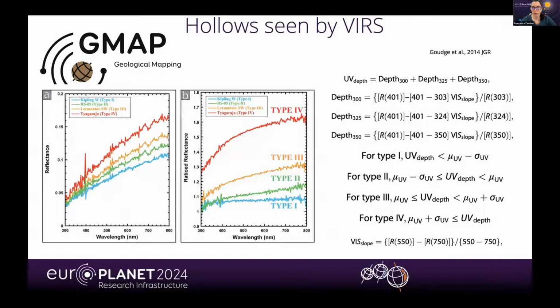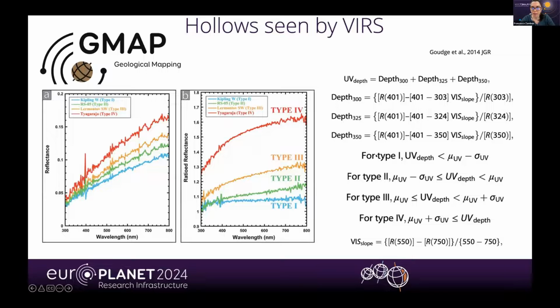Another kind of analysis you can see is also defining specific spectral parameters for hollows, in this case, the main parameter is the downturn in the UV range.